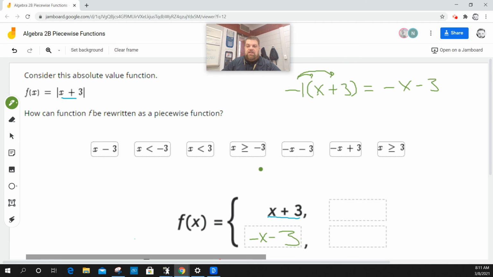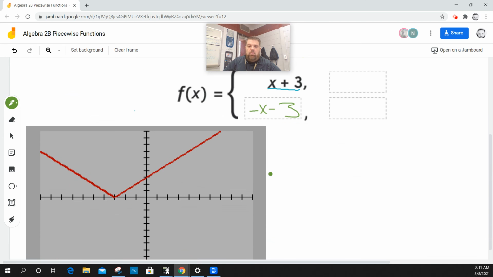So the boundary is going to occur where? Well, let's look at it like this. x plus 3 is the positive part of the function. In other words, it's this part right here. This part right here is x plus 3.